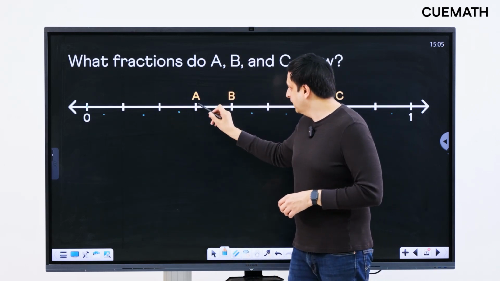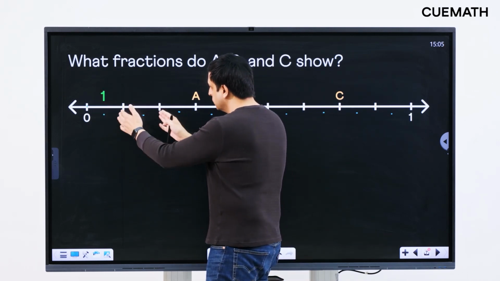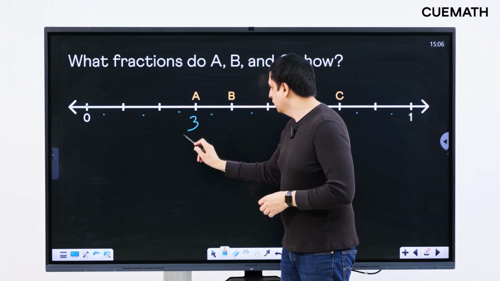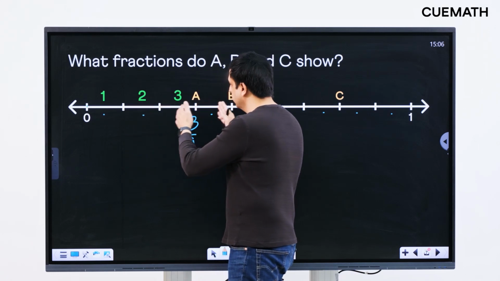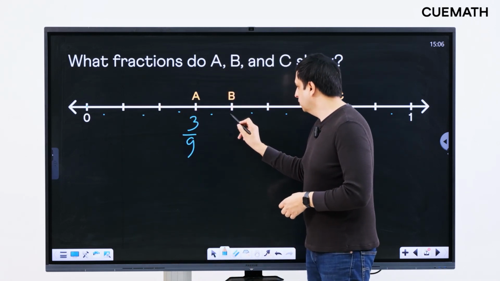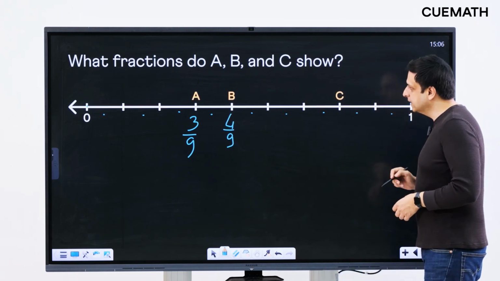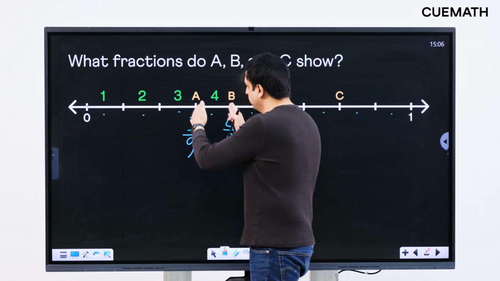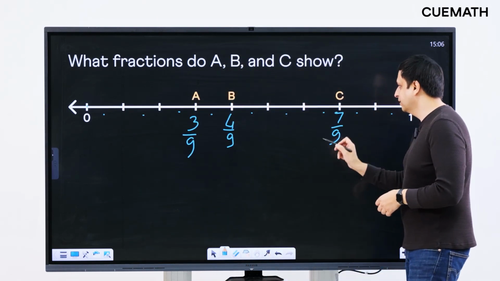So now point A, how far away is it from 0? So it's 1, 2, 3, 3 parts away from 0. So A should be 3 over 9. Point B is 1, 2, 3, 4, 4 parts away from 0. So point B should be 4 over 9. And point C, how far is it away from 0? So let's see, 1, 2, 3, 4, 5, 6, 7. So point C should be 7 over 9.